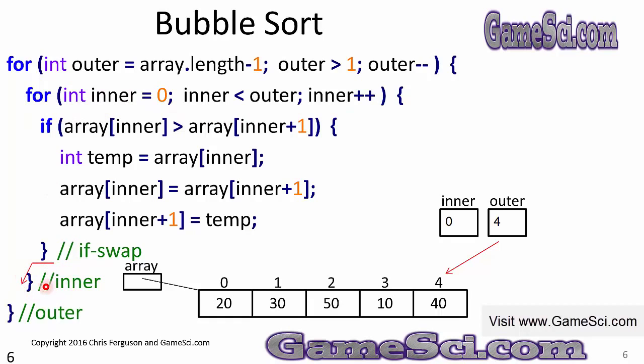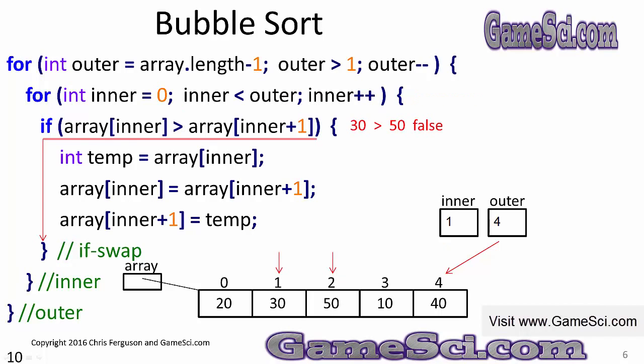That means we've got to spin back up to this inner for loop. When we spin back up on the inner for loop, we'll execute an inner plus plus. We're going down the length of the array like we typically do with an array. Inner plus plus goes to 1. That's pointing to there. 1 less than 4 is still a true statement.